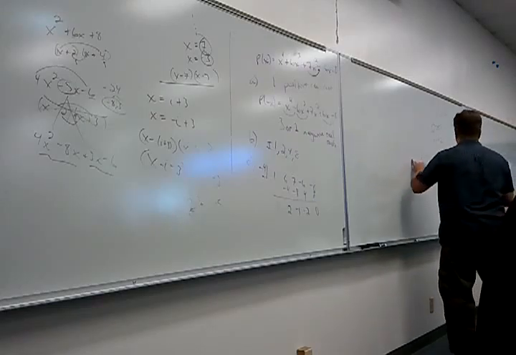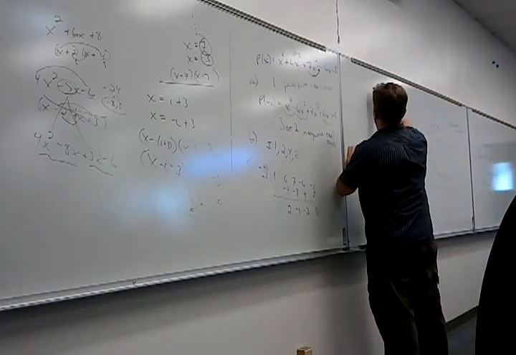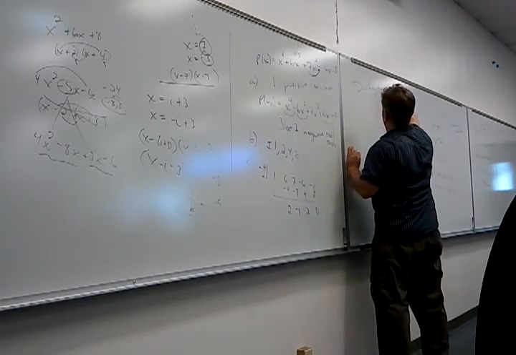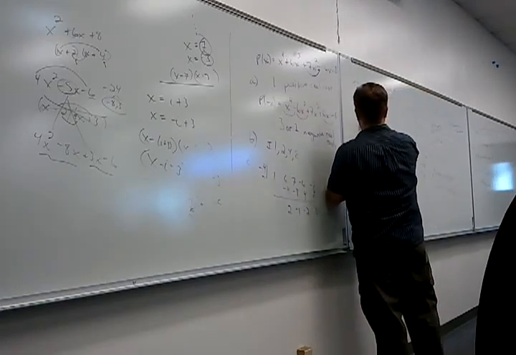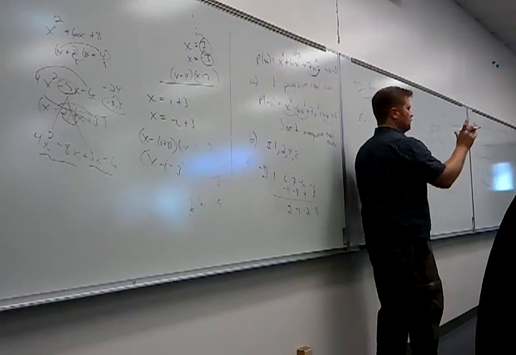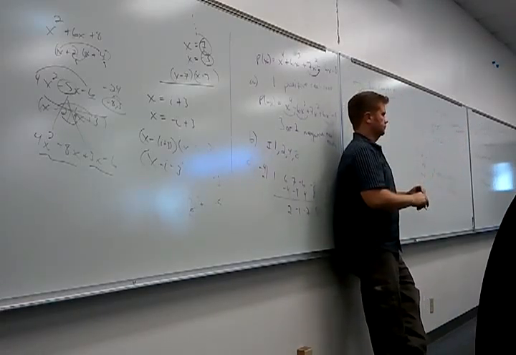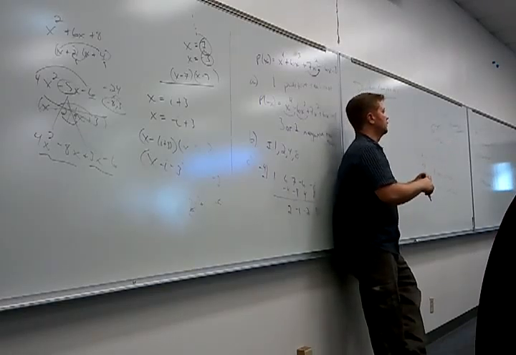Does anybody know how to divide complex numbers? Because I forgot how to. So for example, can somebody give me a nice example of a complex number? I plus 1. I like it.